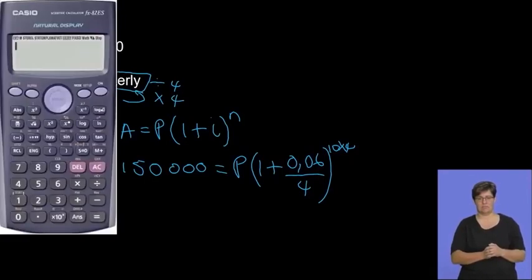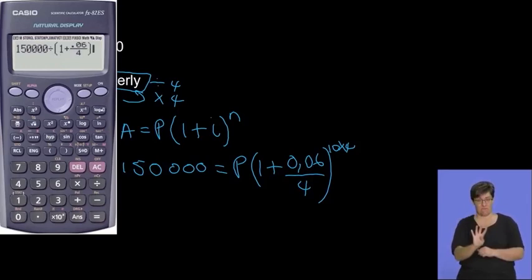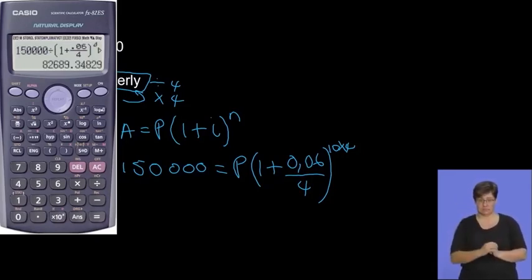Okay, let's go to our calculator and see what this will be. I have 150,000 and I'm going to divide this by the whole bracket, which is 1 plus 0.06 divided by 4, because it's compounded quarterly, to the exponent of 10 multiplied by 4, which is 40. So Kian invested 82,689.